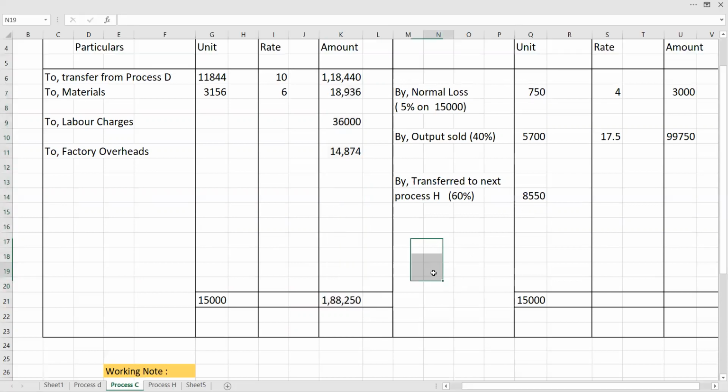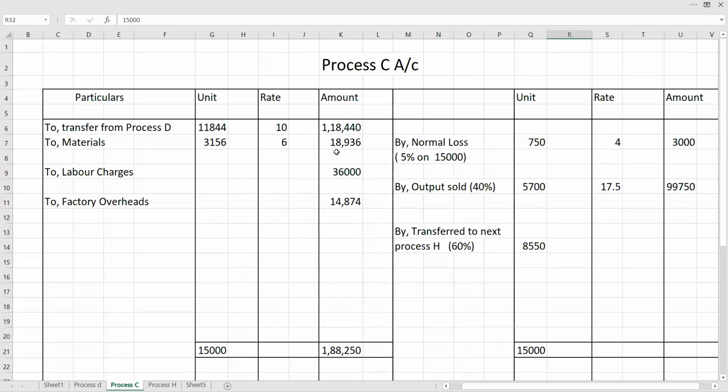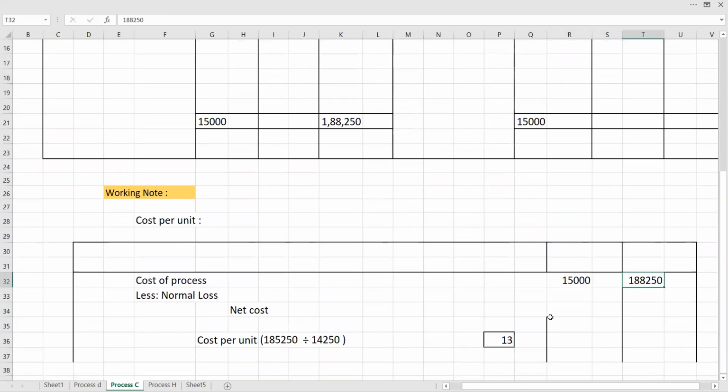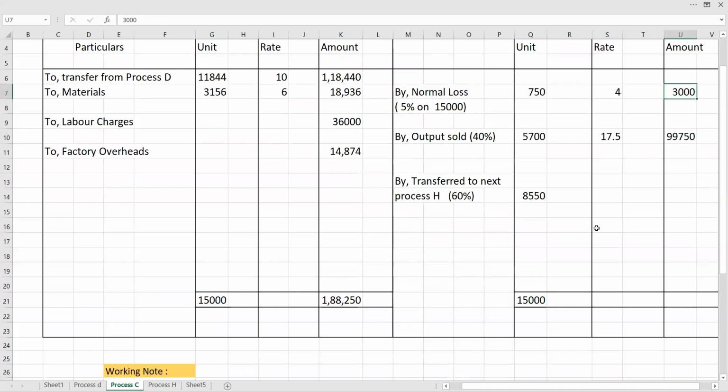So the units column total should be recorded here, 15,000, and amount column ची जी टोटल आहे ही आपण रेकॉर्ड करून घेऊया, 1,88,250 less normal loss. जेवढा normal loss आहे त्याचे units and amount should be deducted.